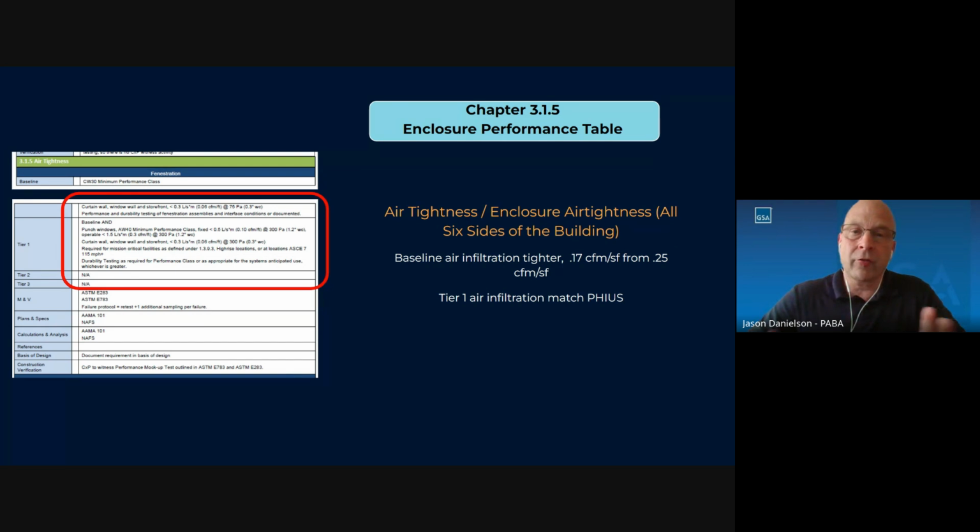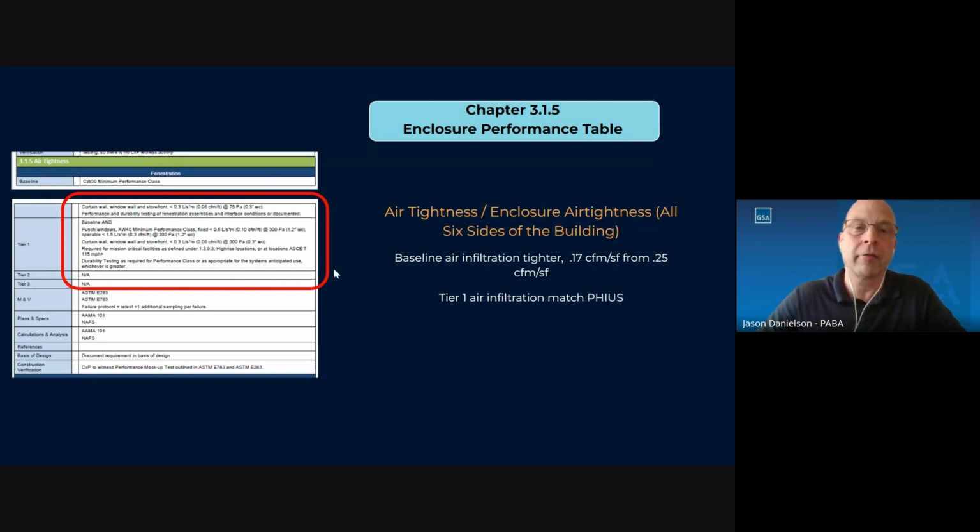We've started to track a lot of the results of what we've been getting for blower door tests, and we've been finding that we've very easily been able to match this 0.17 and sometimes beat that. We've had some that are at 0.06, 0.07. So it's very achievable.